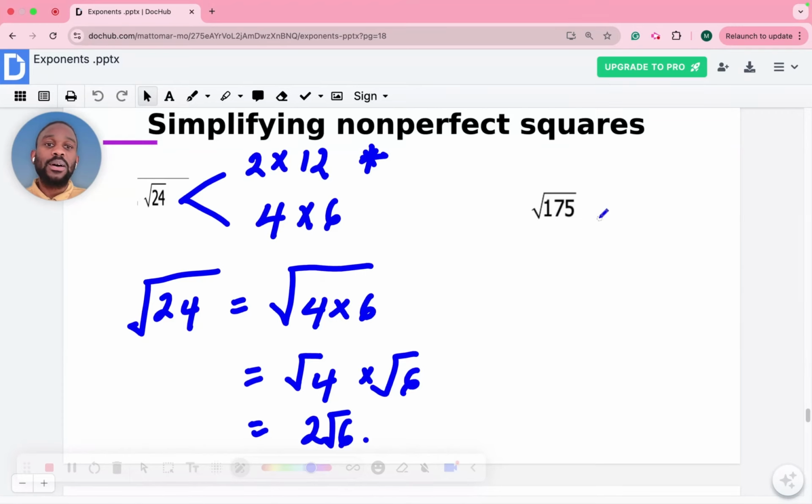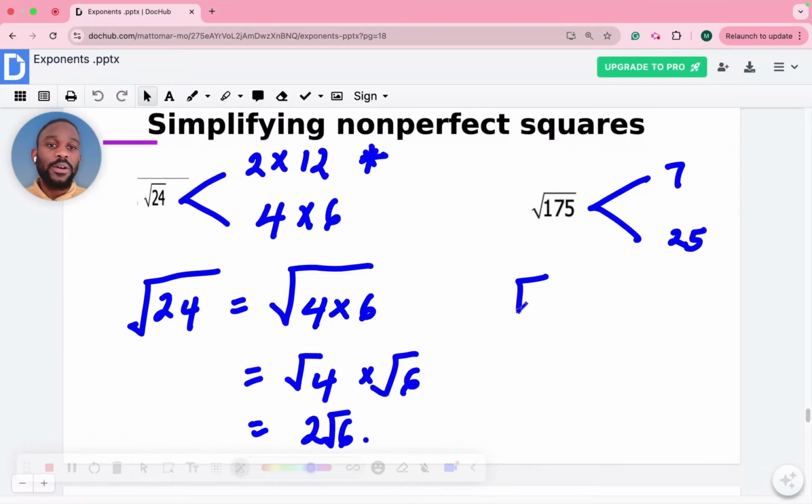Going to my second example, right? We're having a root of 175. Ask yourself, is 175 a perfect square? No, it's not. Okay, so we're going to break it down. I need two factors of 175, one being a perfect square. I can break down the 175 into 7 times 25.